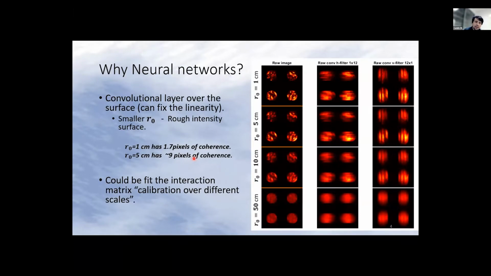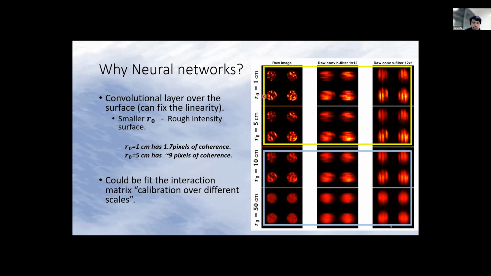And well, why are we using a neural network? Well, because as you can see here, we have different kinds of r0, and for the lower r0, we have a more rugged intensity surface. So if we include a convolutional layer with different kernels, we can get different results of the same image.